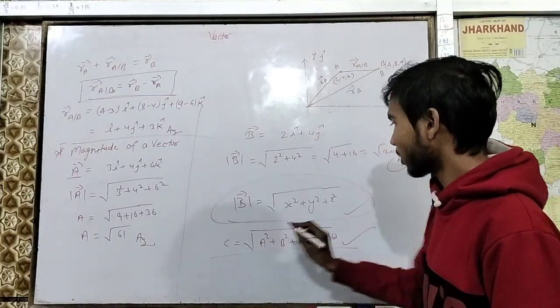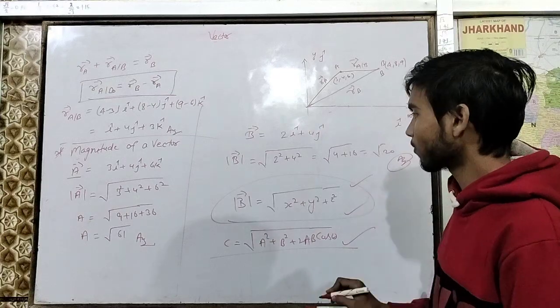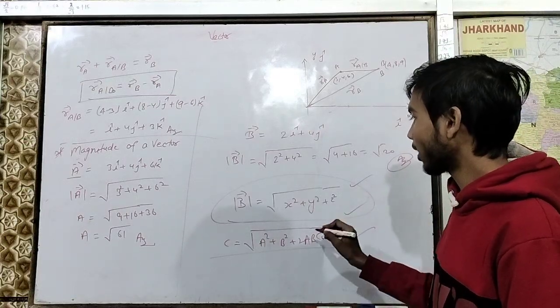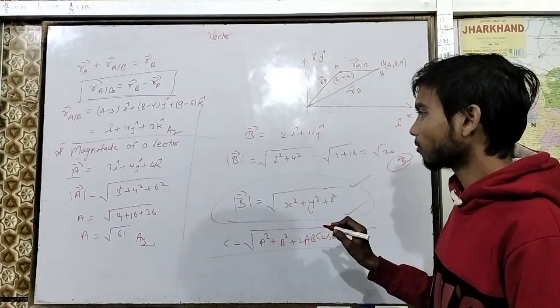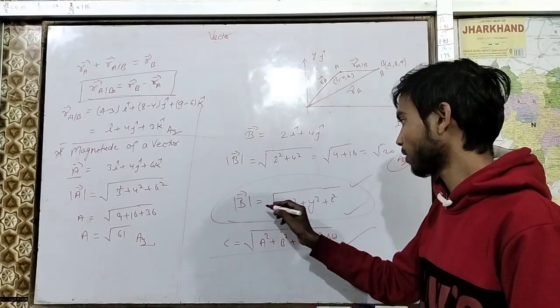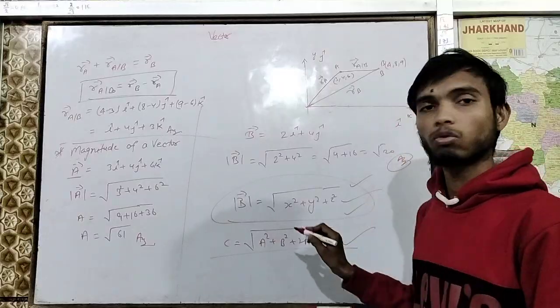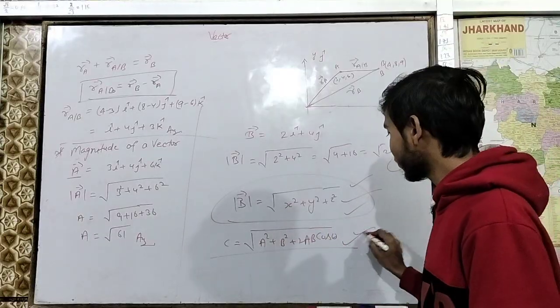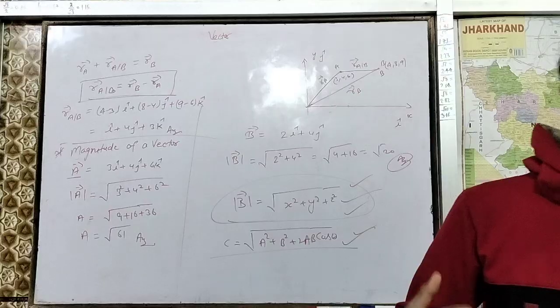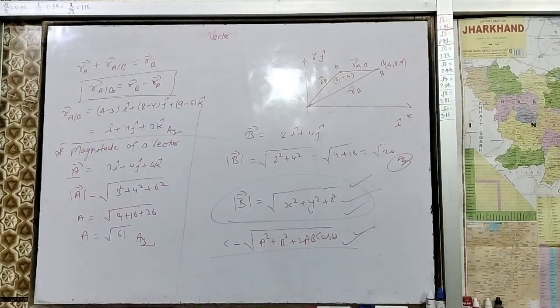But when it comes to the location of a particle, the location of a vector, and we only want the magnitude, then we use the other formula. In this formula we have coordinates, but in that formula we have an angle and two vectors.